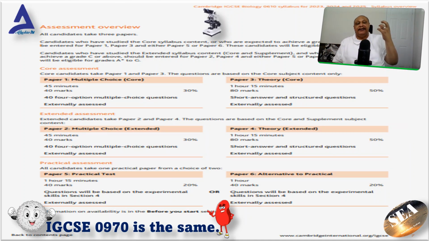So the core student is going to take 1, 3, and 6, and the extended student is also going to take 2, 4, and 6. Why do we exclude 5? 5 is a real practical exam, and our schools are not prepared for that.